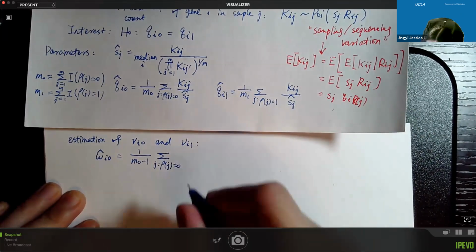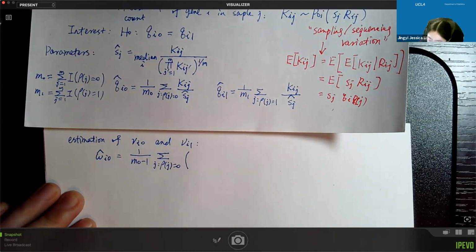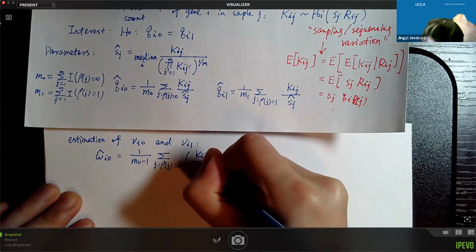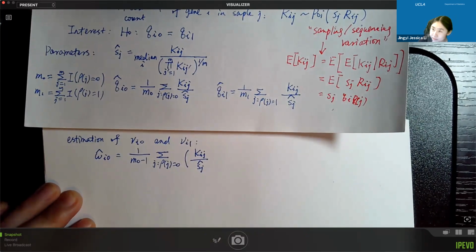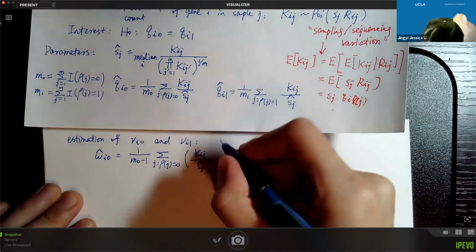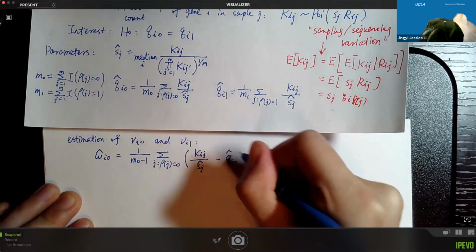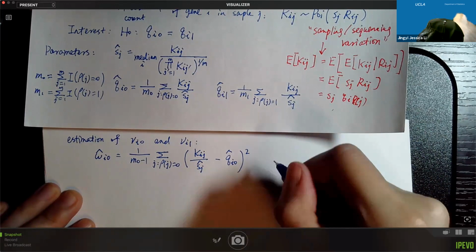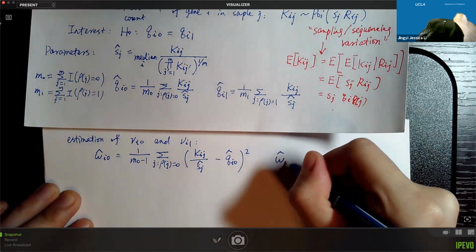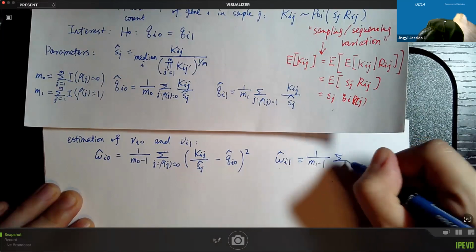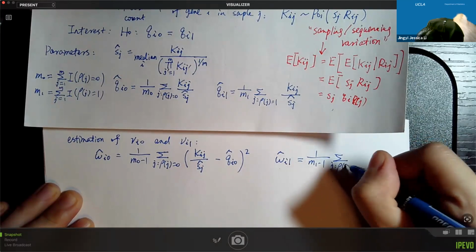For each sample, I take its scaled count, Kij divided by Sj hat, minus the mean. And the mean is what we computed here as Qi0 hat, squared. This is the sample variance formula we are familiar with. And similarly, we will have omega I1, I'll just write it down, with 1 over M1 minus 1, and rho j equals 1.